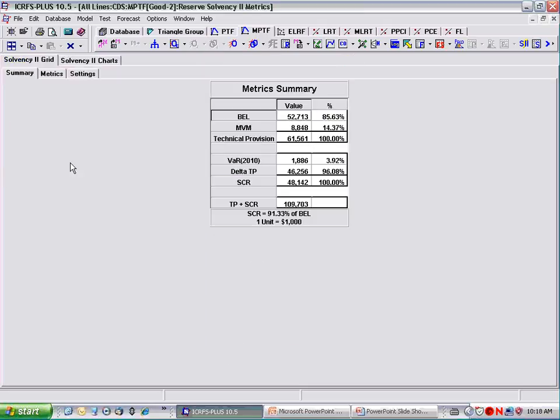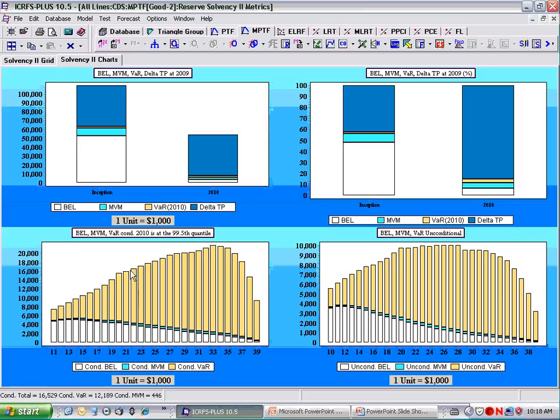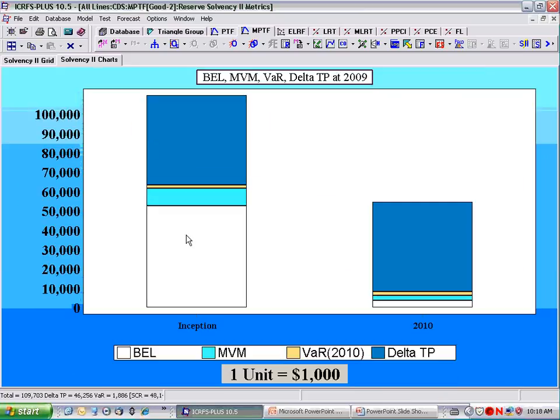Okay, so what do we have? Let's look at the charts first. So first of all, what you notice is the total capital at inception is 109 million. Okay, the delta TP, which is this blue, the delta TP is pretty large, meaning that if the first year is in distress, you need a lot of additional technical provisions for subsequent years.